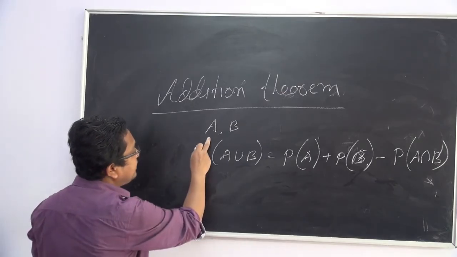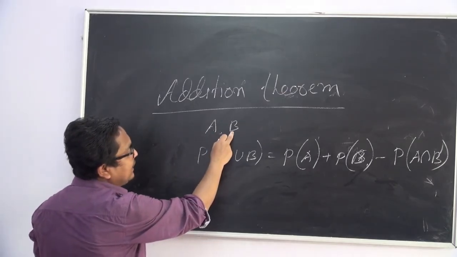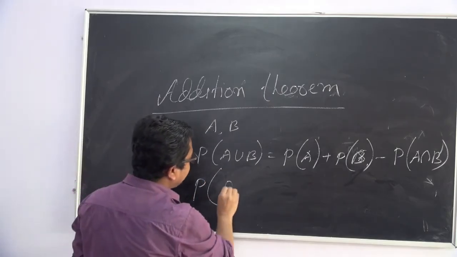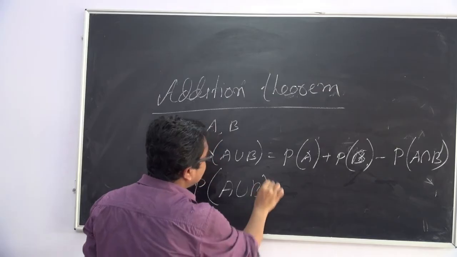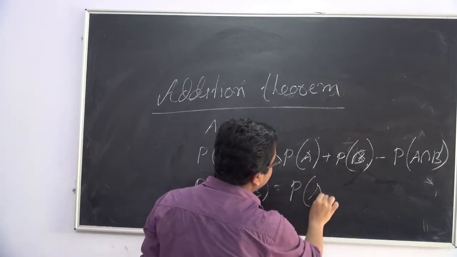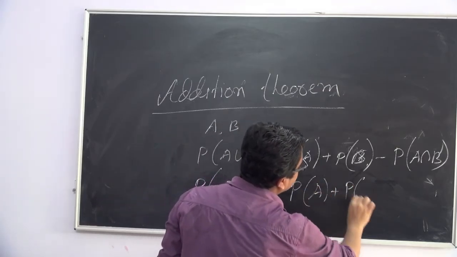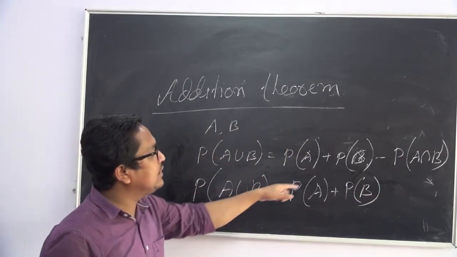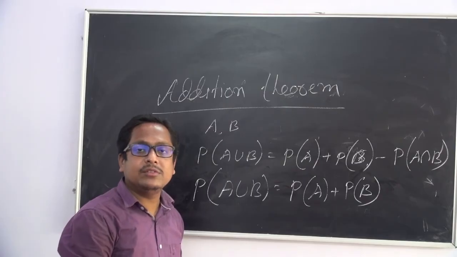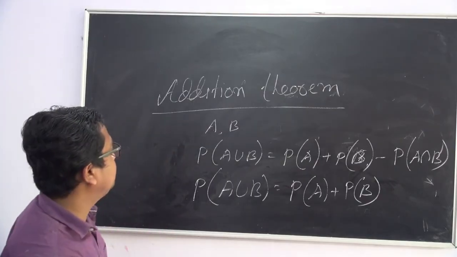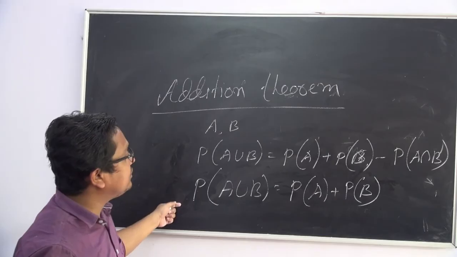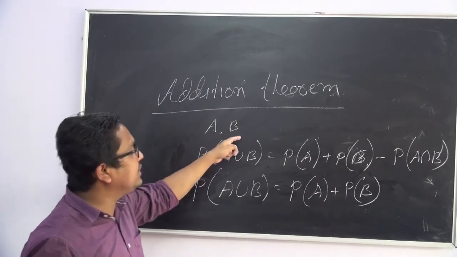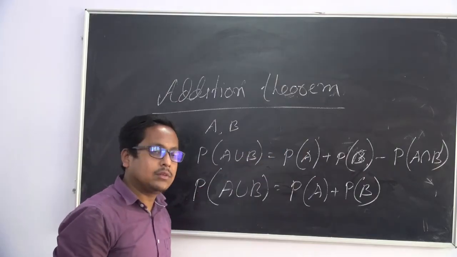So if two events A and B are mutually disjoint, then this theorem reduces to probability of A plus probability of B, because for mutually disjoint events, probability of A intersection B is 0. This is known as the addition theorem. Here we have considered only two events. It may be applied to 3, 4, up to n events also.